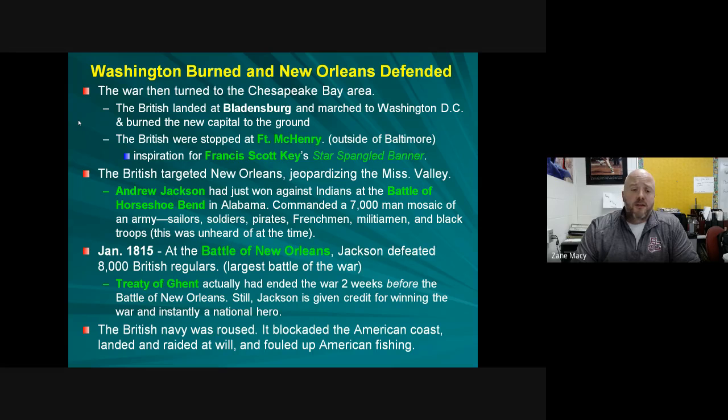But again, this was a ragtag bunch. It was not a 7,000 strong, formally trained part of the U.S. Army. Again, it was troops in the Army. It was sailors, part of the U.S. Navy. In some cases, it was pirates or privateers. If you want to use a nicer term, pirates are outlaws.